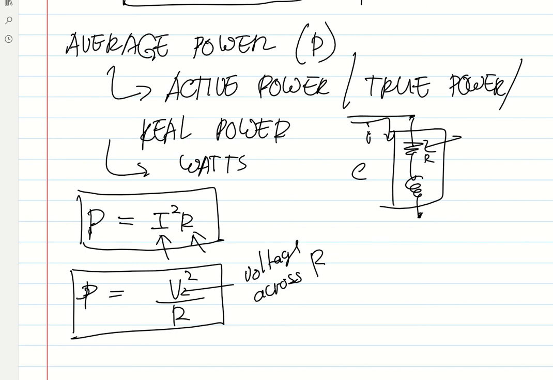In this example, if the source is, let's say, this capital E, voltage in RMS, you cannot use this E to solve for the real power. You need to use the voltage across this resistor. So it's better to use I squared R because they are in series. The current flowing through R is the same as the total current and the current through the reactance here.